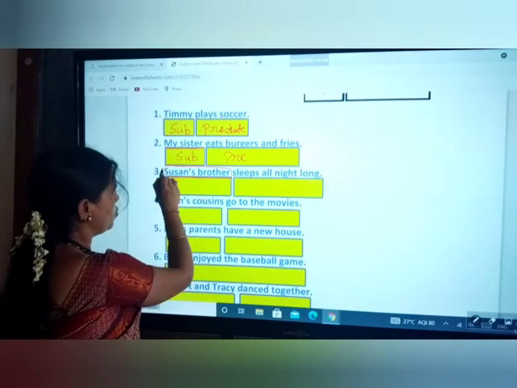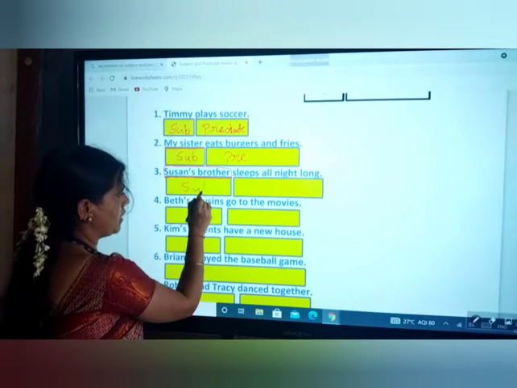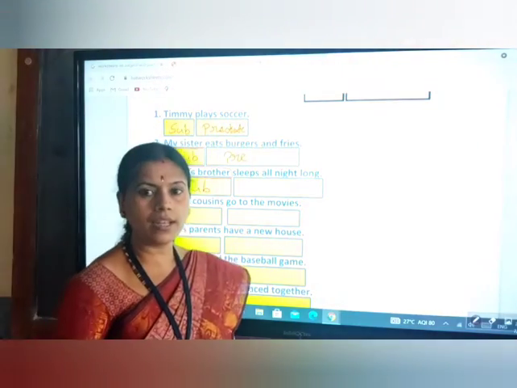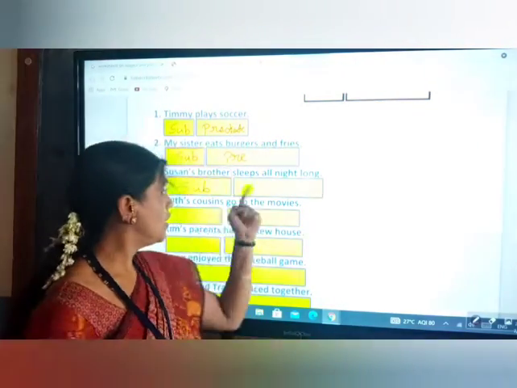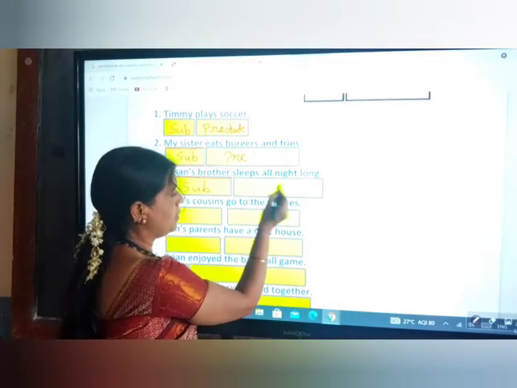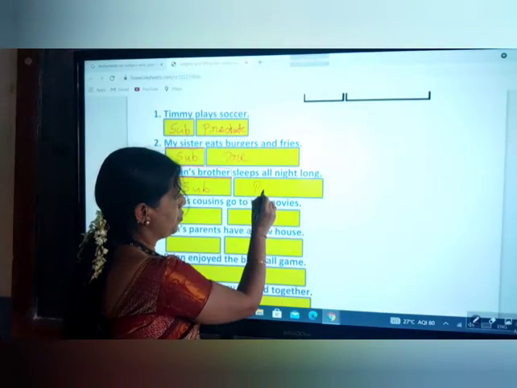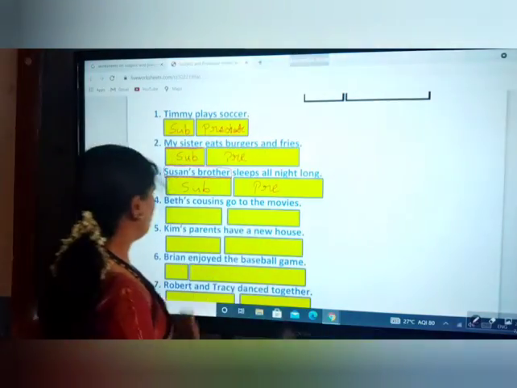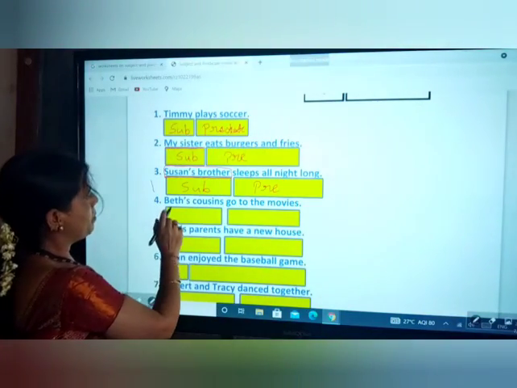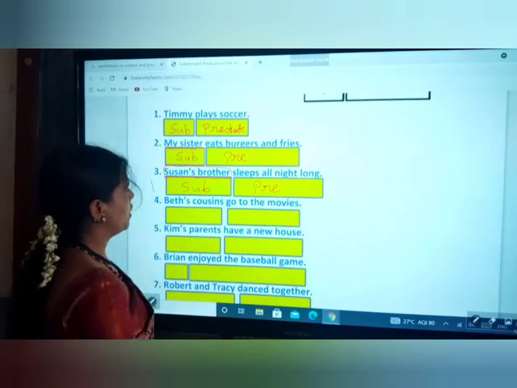So Susan's brother is the example for subject. In this sentence, Susan's brother is the subject, whereas the action done by Susan's brother, sleeps all night, is the predicate. This is the predicate here.